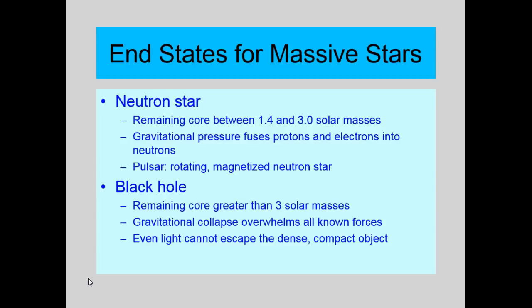And this neutron star, by the way, is incredibly dense because, remember, the electrons take up most of the volume of the atom. The protons and neutrons have most of the mass, and they're in the center in that nucleus. But most of the volume is occupied by the electrons, which are almost no mass. So most of an atom is empty space.